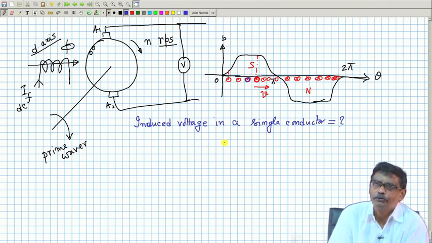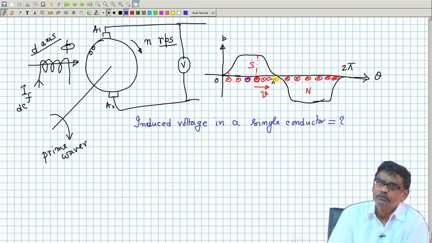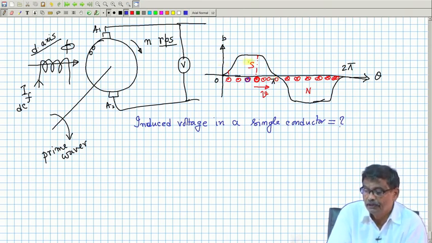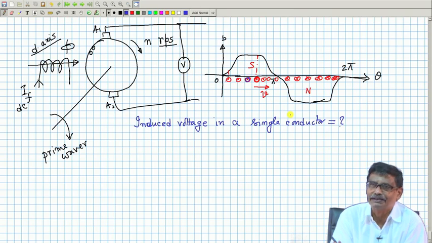So, what people do is this, okay, this conductor is seeing different value of flux density between 0 to pi. So, why not take the average value of the flux density and multiply with L and V to get that voltage, that will be absolutely accurate, nothing wrong in that.